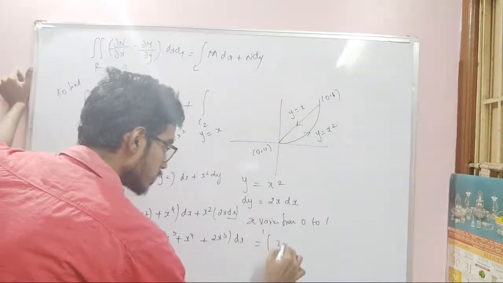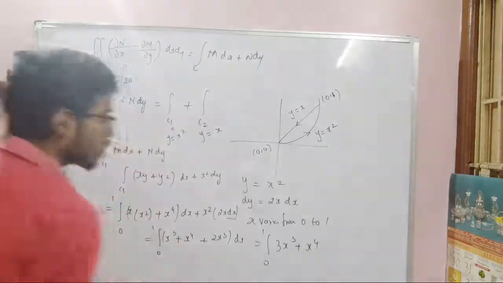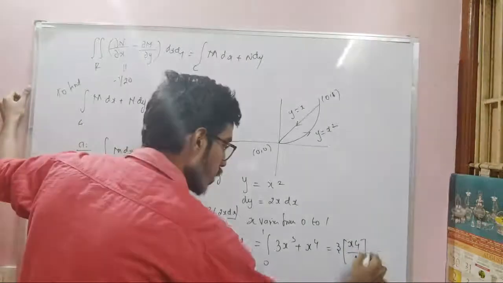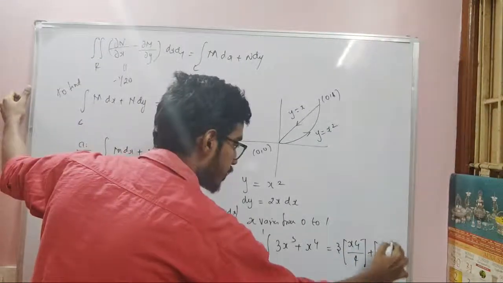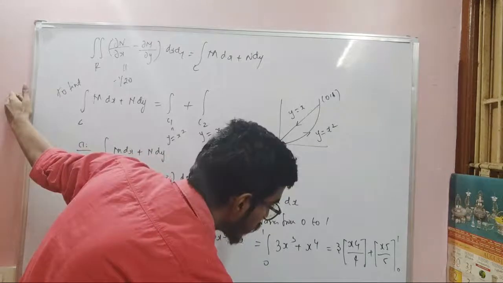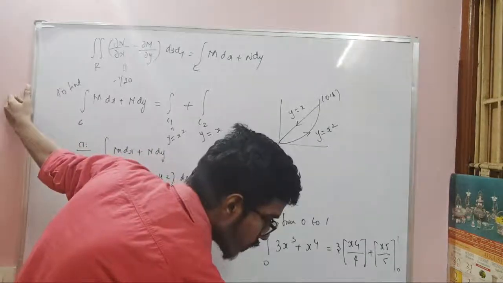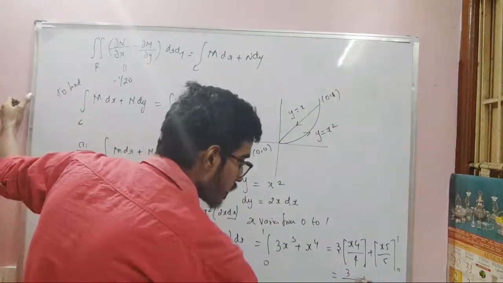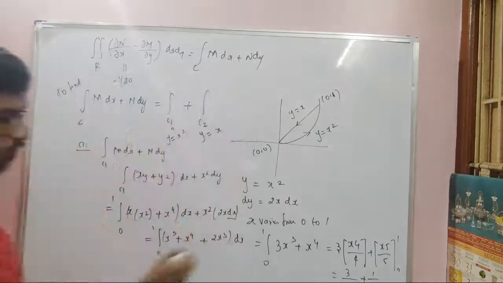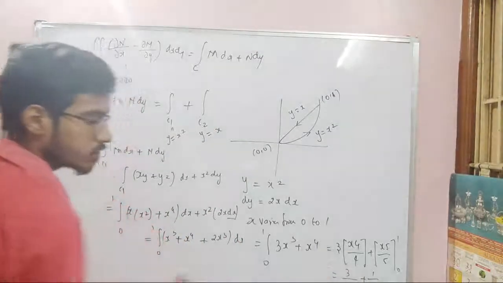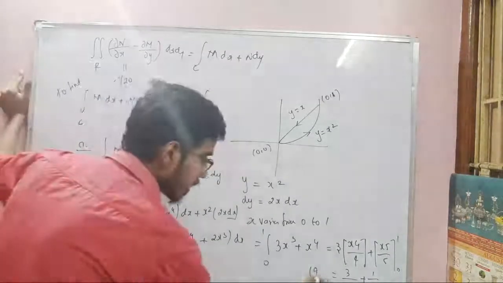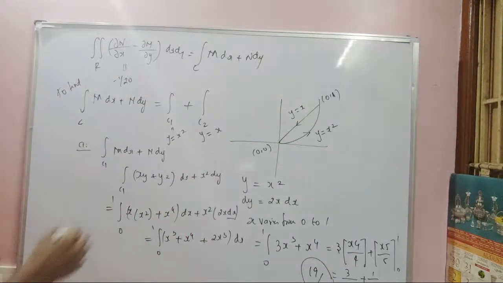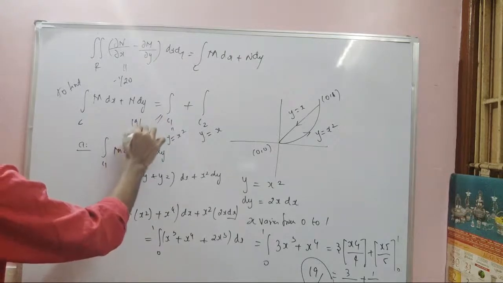So the integral is 3x cube plus x power 4. When I integrate, we have 3 times x power 4 by 4 plus x power 5 by 5, with limits from 0 to 1. Substituting upper limit minus lower limit, we have 3 by 4 plus 1 by 5. Taking the LCM, we have 15 plus 4 by 20, which is 19 by 20, right. So our C1 value is 19 by 20.